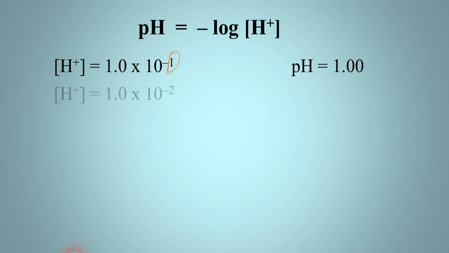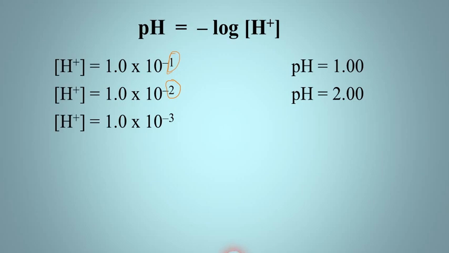Now, if we have an H plus concentration that's 1 times 10 to the negative second, then I imagine you can guess that the pH is going to be 2. And it is. Likewise, if the hydrogen ion concentration is 1 times 10 to the minus third molar, pH is going to be 3. So this is just a simple way to look at the negative logarithm.